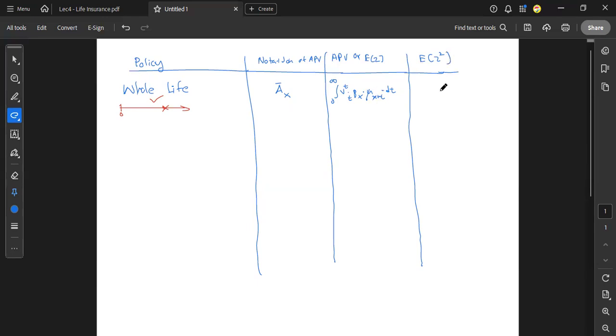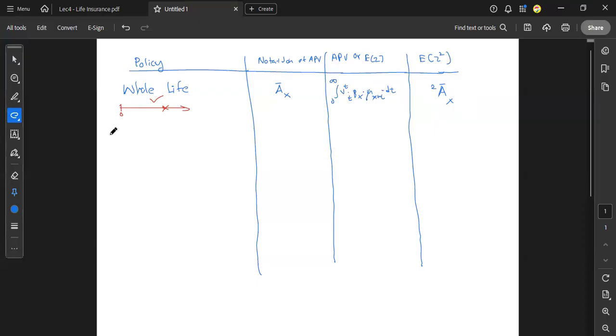And the second moment is denoted by this. So then you can use these two to get the variance, and to get the second moment, you just need to replace delta with 2 delta in the actuarial present value case.